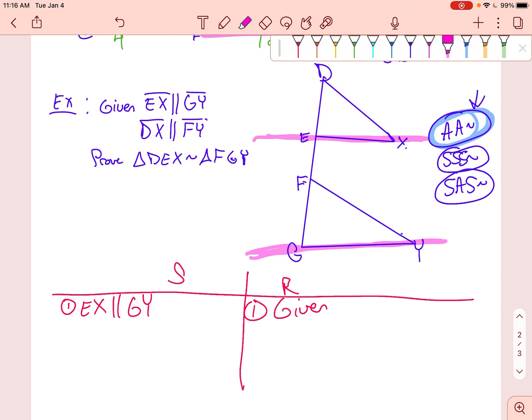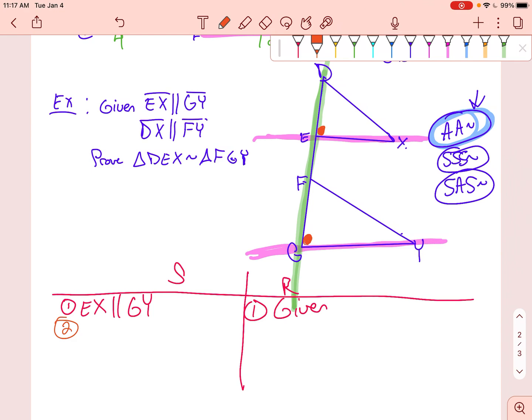What could I pull from that? Well, if I can find a transversal, and a transversal is something that crosses both of those pink lines, and I can, this is a transversal, I can then identify some corresponding angles that I know are congruent to each other. So I can identify these orange angles that are congruent because those lines are parallel.